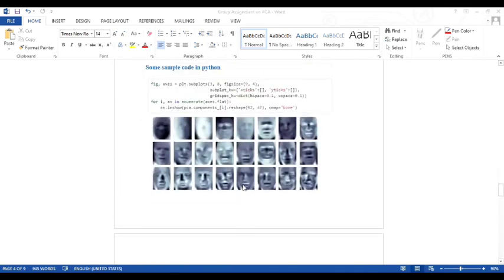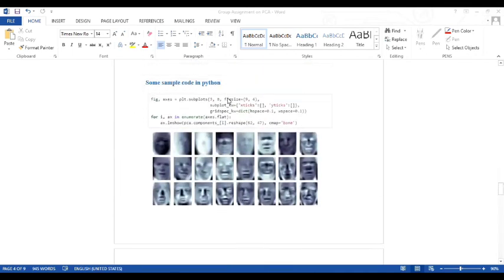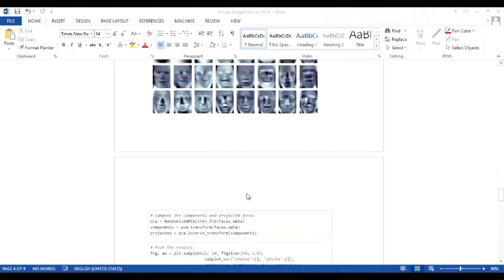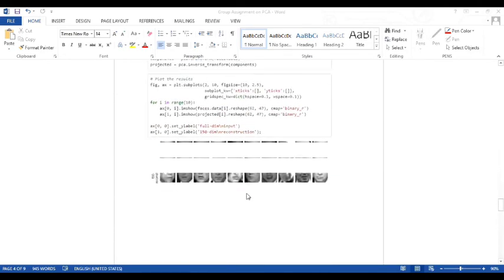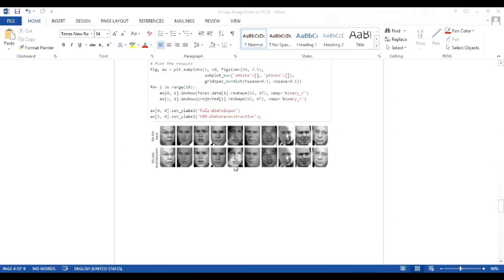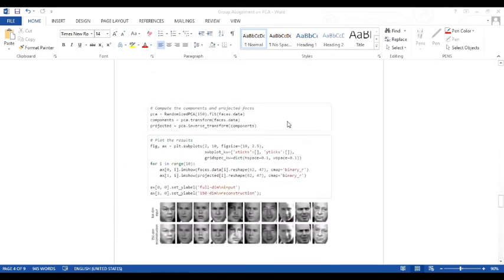After that, we have some sample code in Python, and here we see some images that are very noisy and not clear. We cannot see anything; we cannot recognize some faces here. But in the next images we see them clearly, with the evaluation of the code.